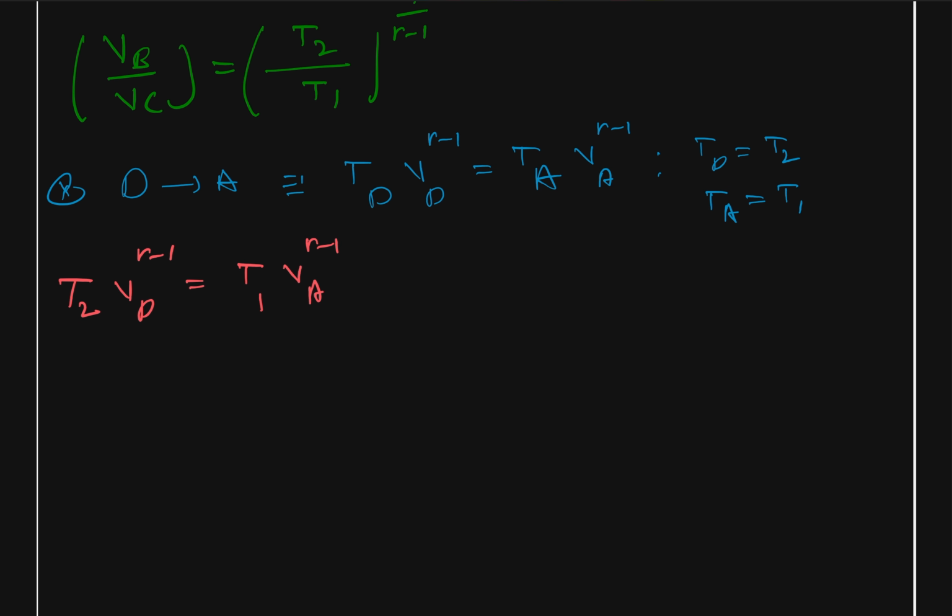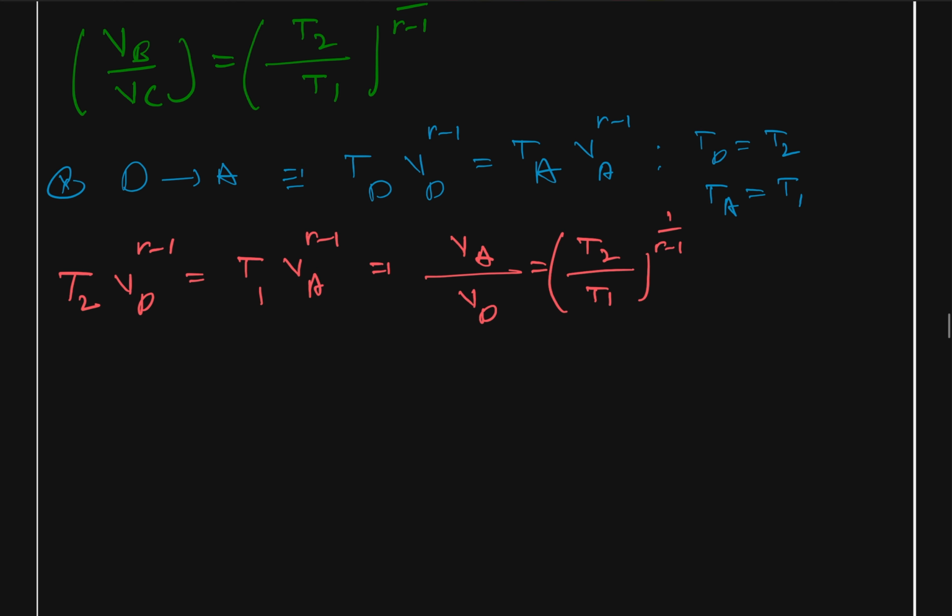Same way, let me write it directly. We can say that VA upon VD is equal to T2 upon T1, and 1 upon gamma minus 1.